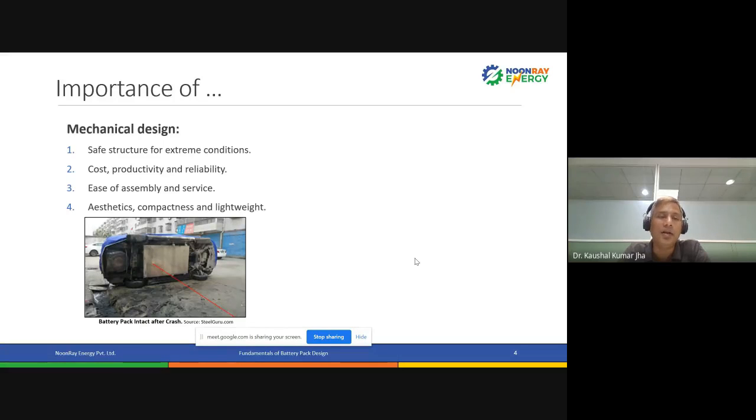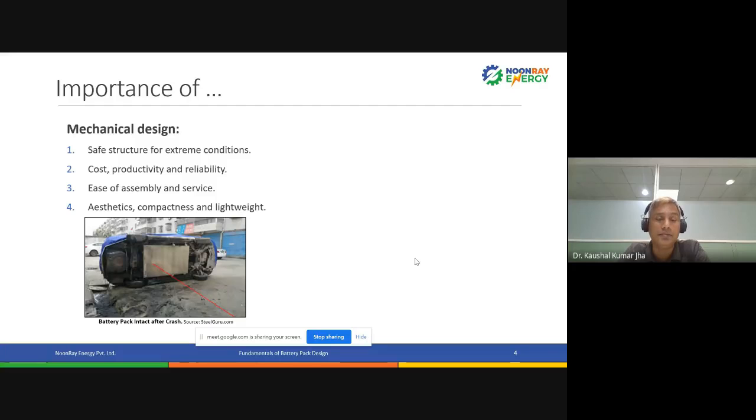Even during assembly, if the sequence is not proper, we'll end up using extra manpower and extra resources. All these things add up to the cost and productivity. So ease of assembly and service is one of the important criteria of mechanical design.